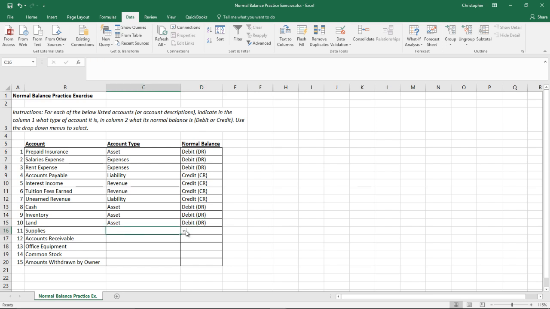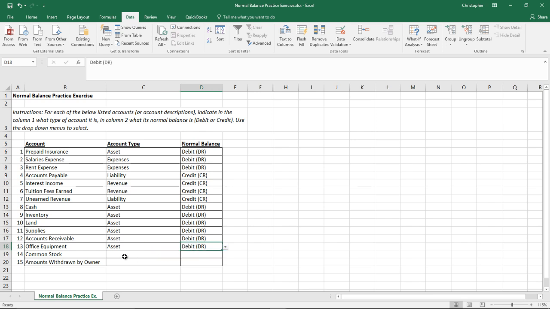Supplies, it's one of the other assets a company can have, also a debit balance. So then we have accounts receivable. These are funds that we will be receiving in the near future because of something we sold to a customer. They are also an asset, have a debit balance. Office equipment, yet one more asset with another debit balance.